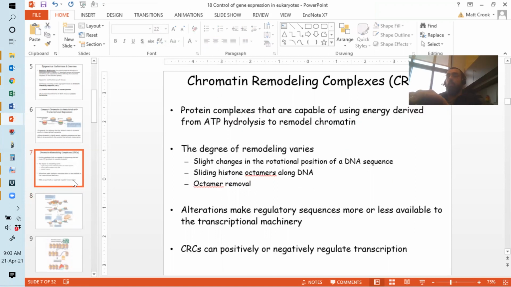So depending on what you do, you can positively or negatively regulate transcription. And again, just to stress the point, this is a really important one. This controls the access of the transcription machinery to the DNA.